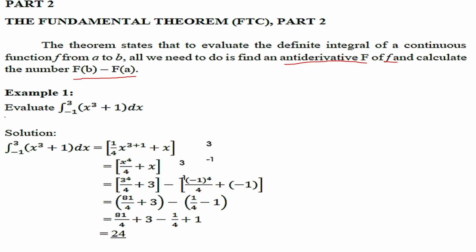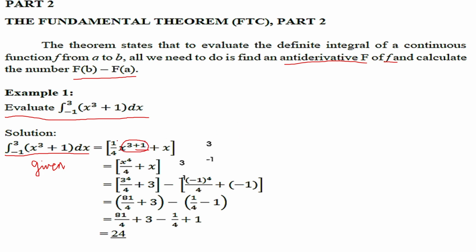So let's try this one. Let's evaluate the definite integral from negative 1 to 3 of x cubed plus 1 dx. Okay, this is our given. Next, what should we do if we are getting the antiderivative? We are adding plus 1, and this one will be your denominator, right?